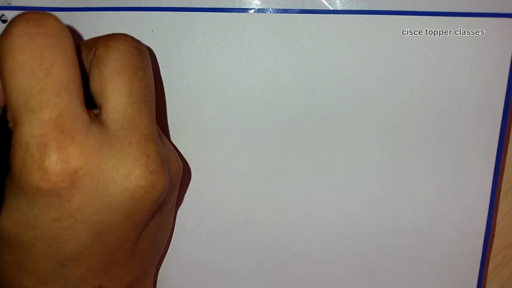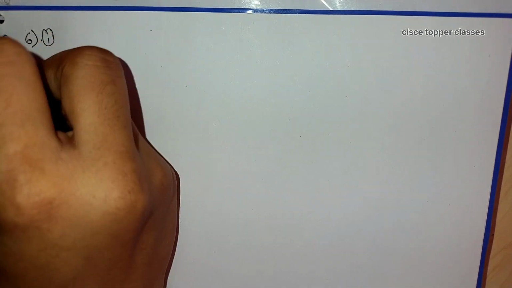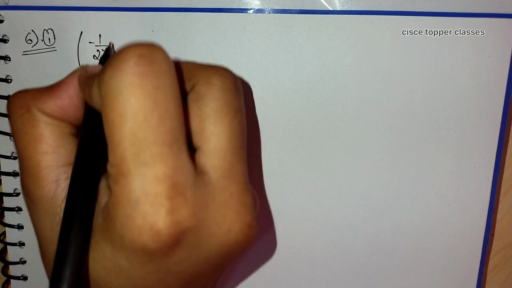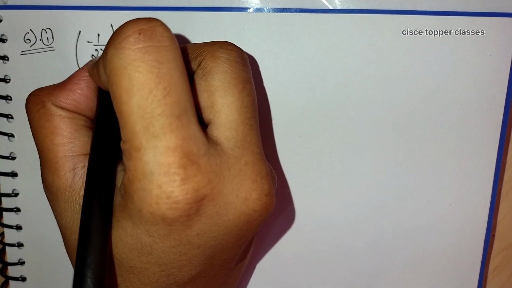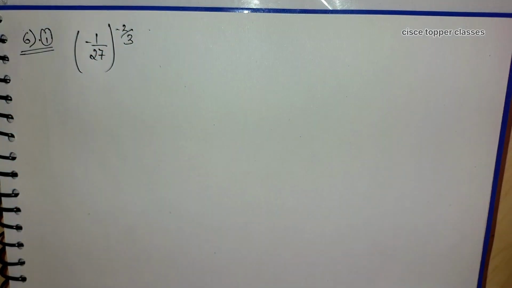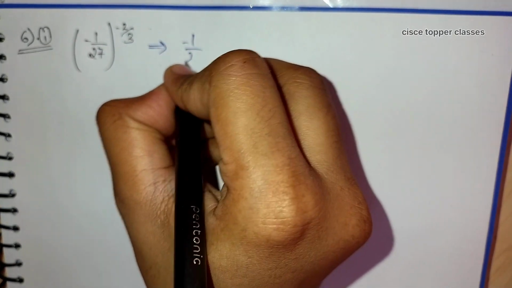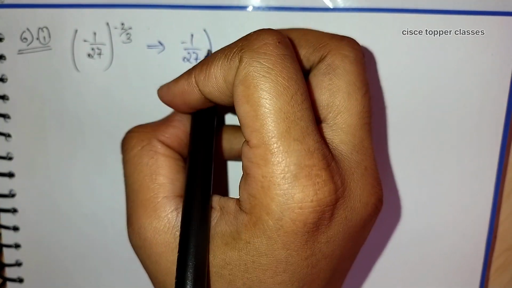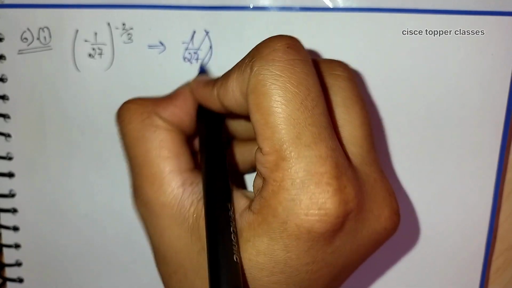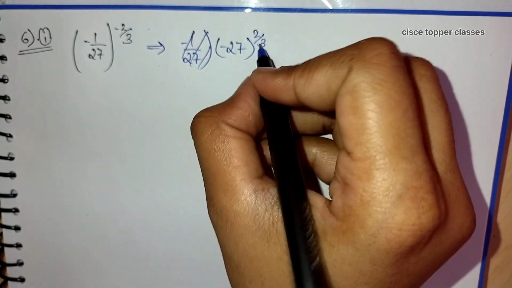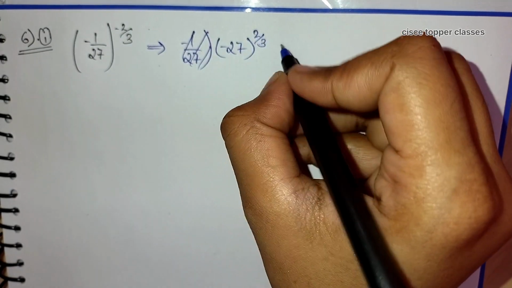Now let us solve the first question here, which is minus 1 by 27 whole to the power minus 2 by 3. So here we can simply write minus 1 by 27 as the reciprocal firstly. So this will be written as minus 27 to the power 2 by 3, because we have taken the reciprocal.